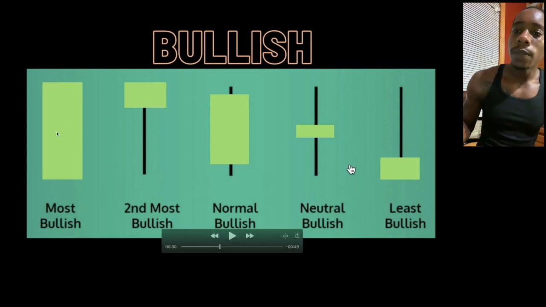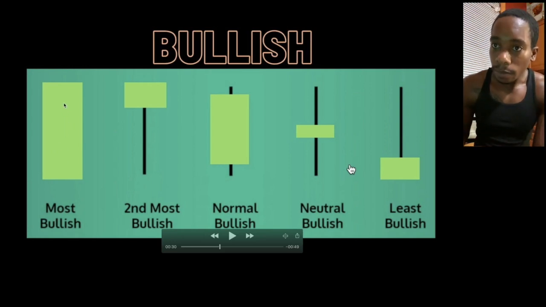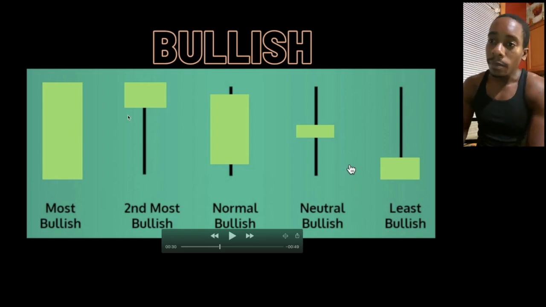So you notice the first candlestick to the left here is considered to be the most bullish. There's no shadow or wick, top or bottom, right? So most experts would say this is a definite action of a bullish trend, right?